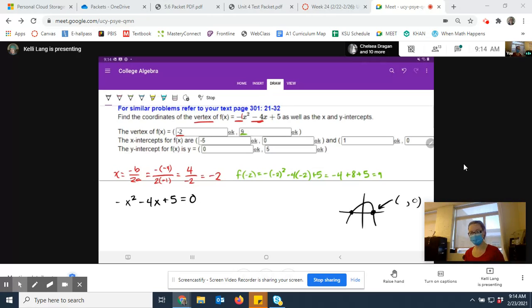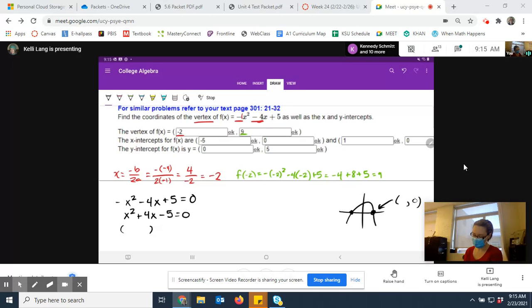And you do that by solving. Usually you can factor, but if you can't factor something, you can always use the quadratic formula. I think we can factor this, but first I'm going to divide both sides by negative 1 just to change my signs, because beginning with a leading negative is not super easy when you're factoring.